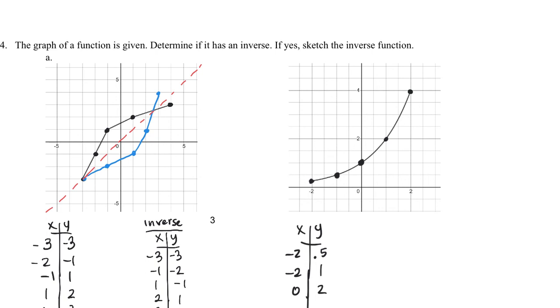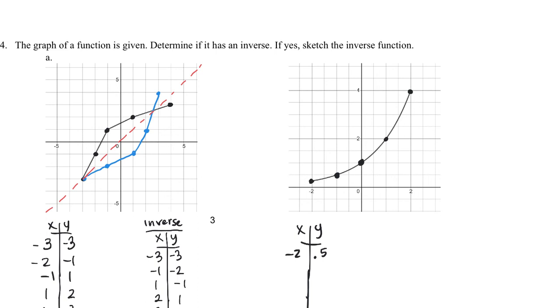Wait a minute. I made a mistake here. The scale on this is way off. That's actually -1, oh man, all right. I guess that's something to pay attention to then, because they may throw that at you.